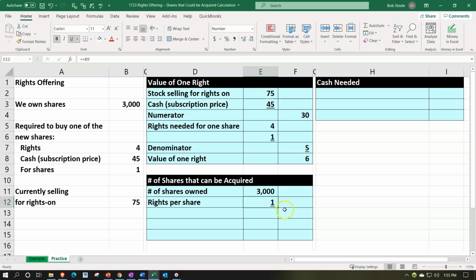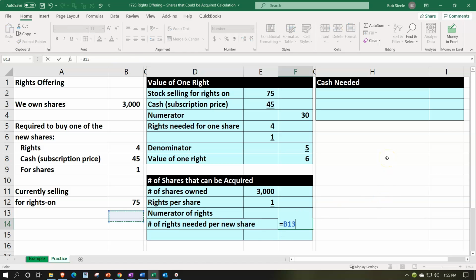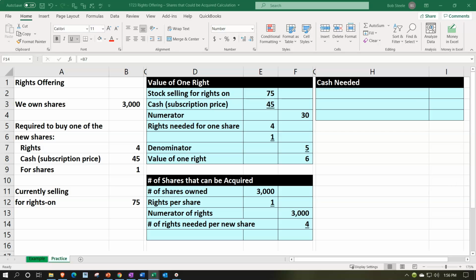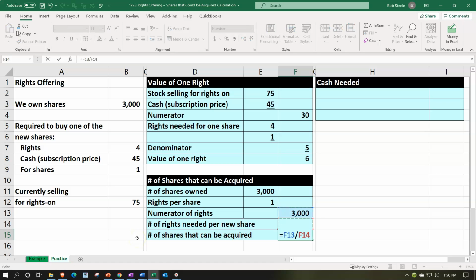So it's the 3,000 times the 1, which gives us the number of rights that we have. The number of rights will be the same, 3,000. Then we take the number of rights needed to purchase a new share at the discounted price. We need 4 of them. If we go to the font group and underline, that will give us the number of shares that we can acquire at the discounted price, which is 3,000 divided by 4.